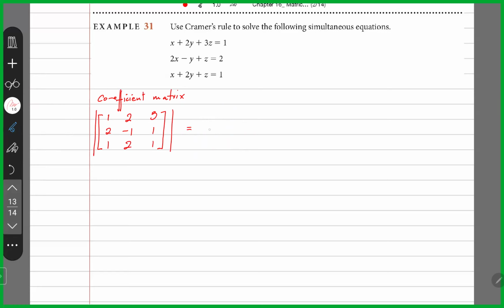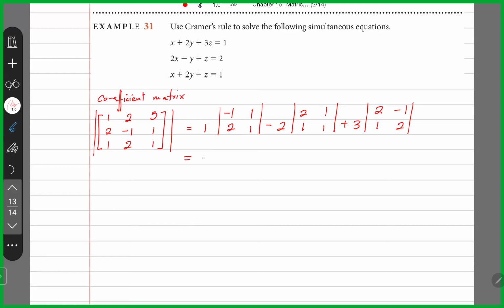So this would be 1 times the determinant of -1, 2, 1, 1, minus 2 times the determinant of 2, 2, 1, 1, plus 3 times the determinant of 2, -1, 1, 2.